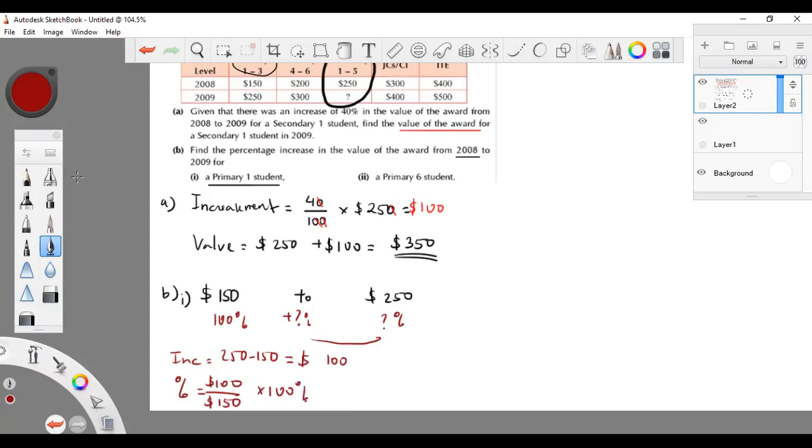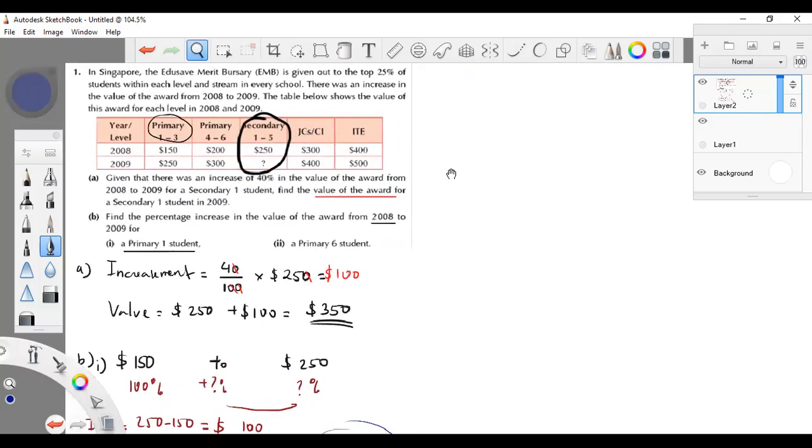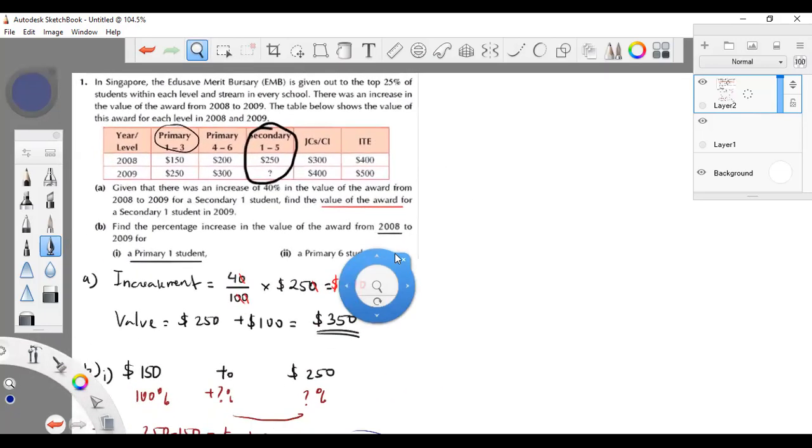So what is the answer? Just do the regular counting, cross, and divide by 5, divide by 5. So it is 200 over 3, which is 66 2/3% increase.